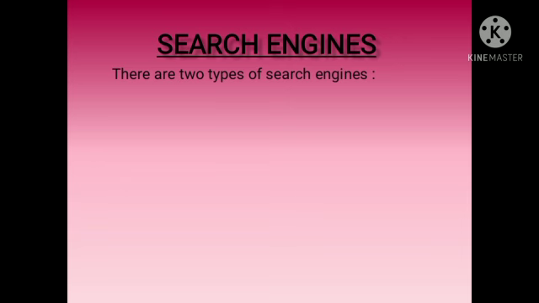one that tracks the user activity and the other that does not track the user activity. There are a few examples related to these two categories of search engines. The search engines that track the user activities are Google, Yahoo, Bing. These all are going to track the user's activity.